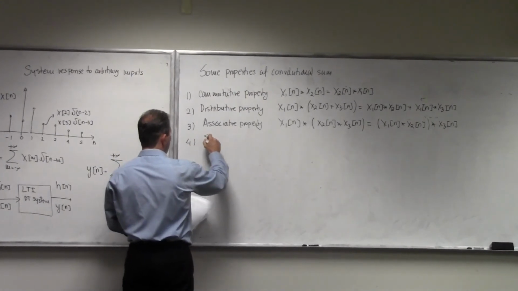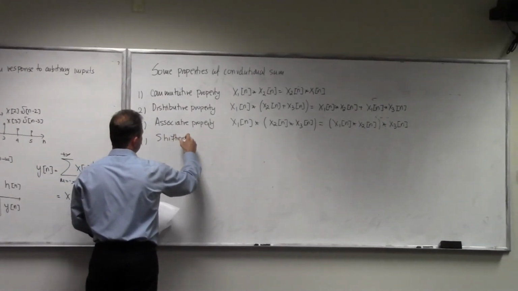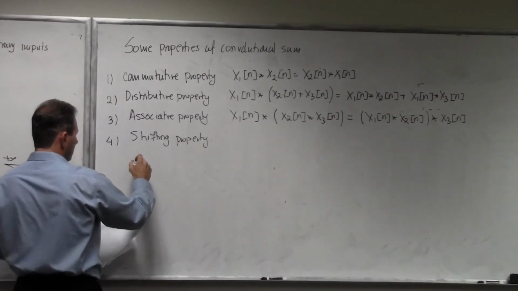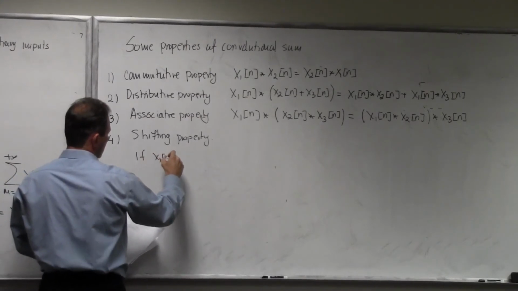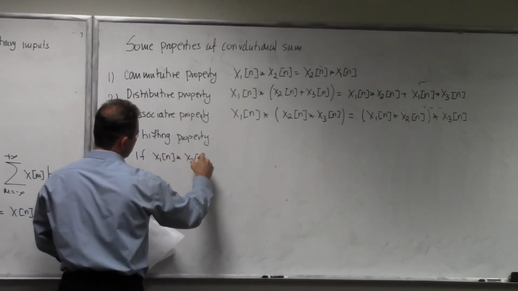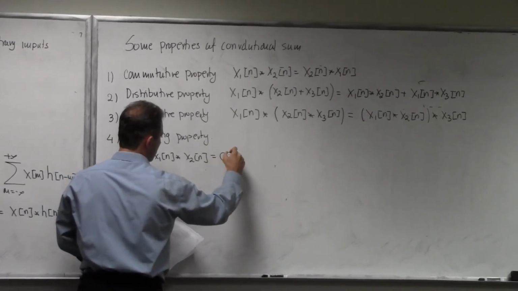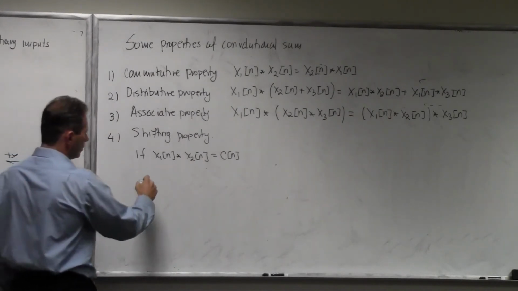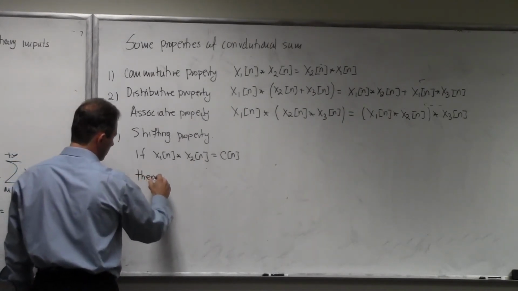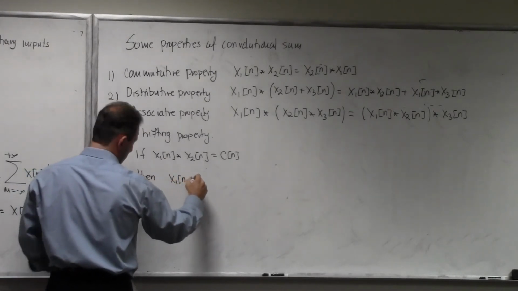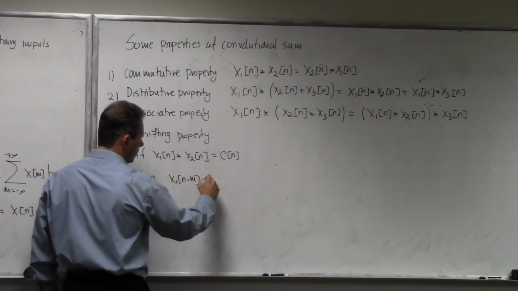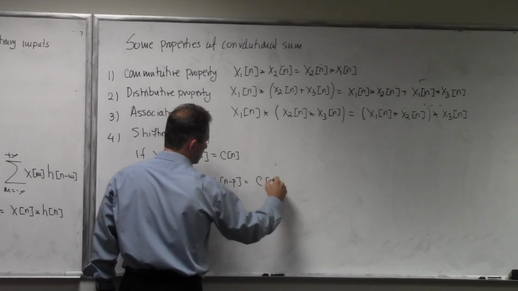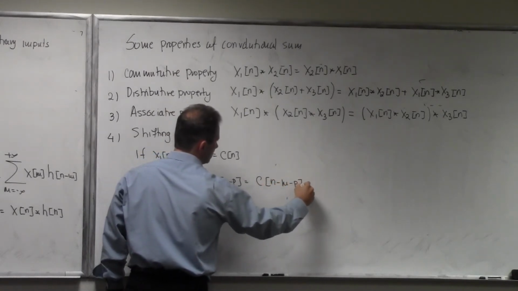Fourth is the shifting property. This one says if x1 of n convolved with x2 of n produces c of n, then if I delay either one of them or both, x1 of n minus m convolved with x2 of n minus p is going to result in c of n minus m minus p.